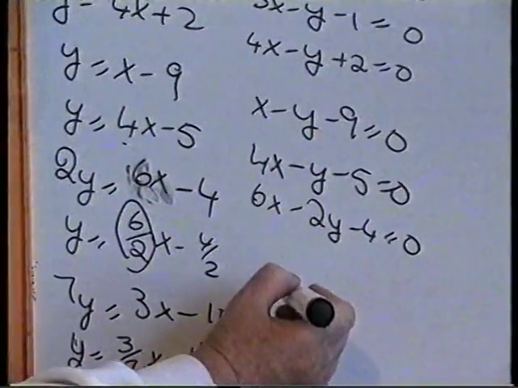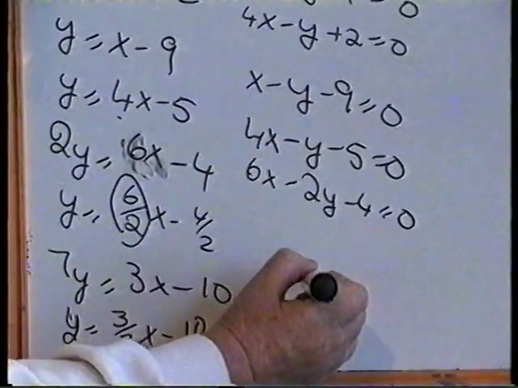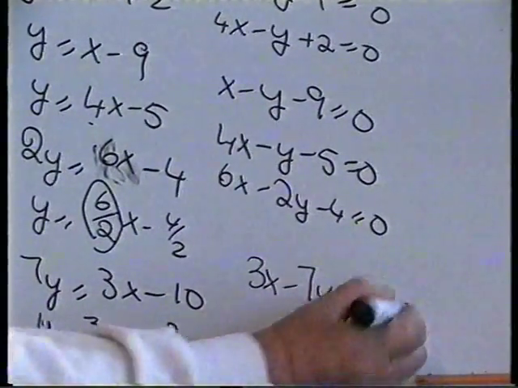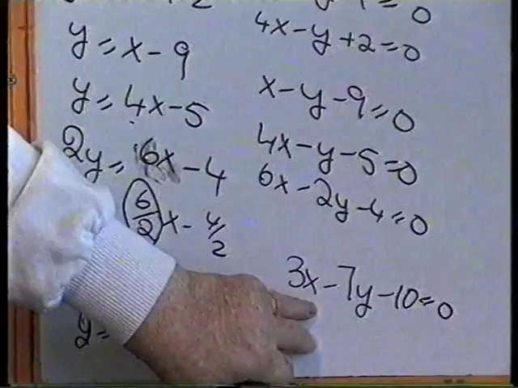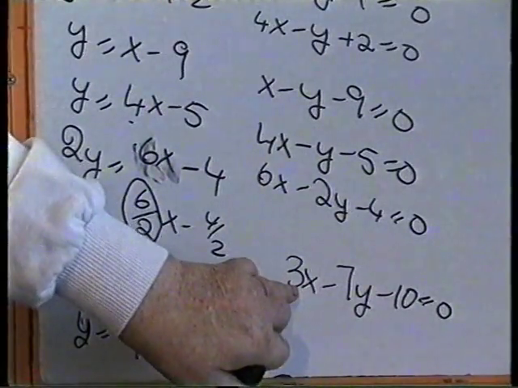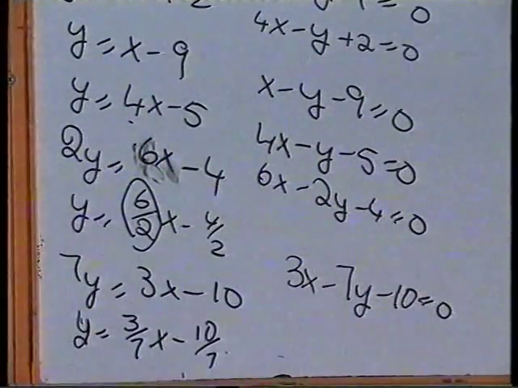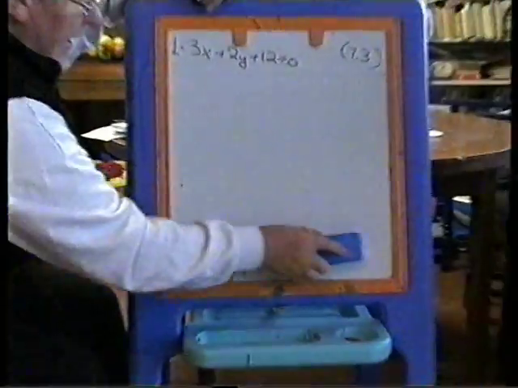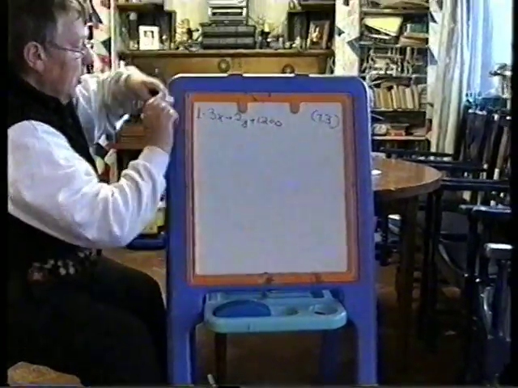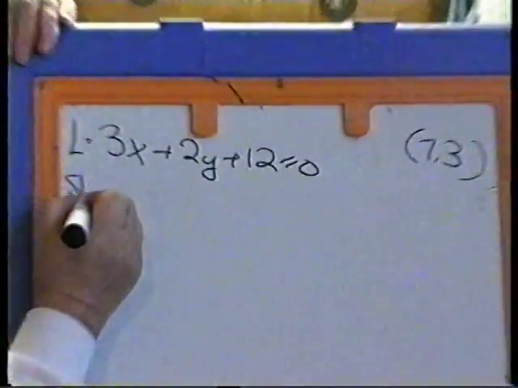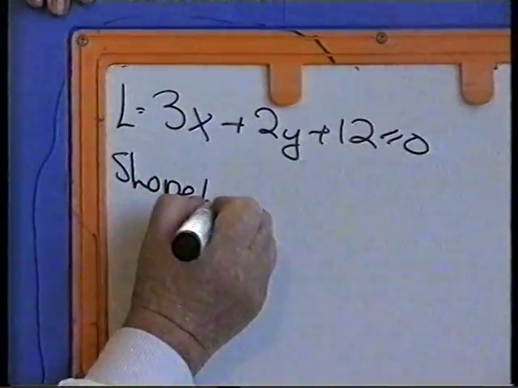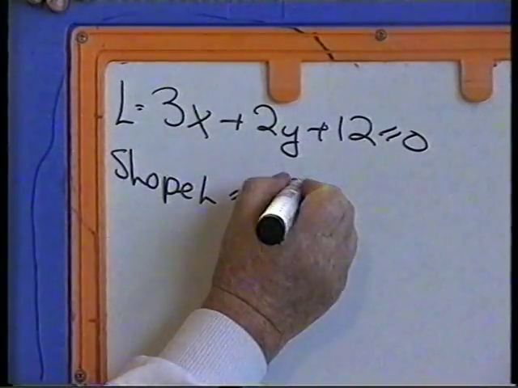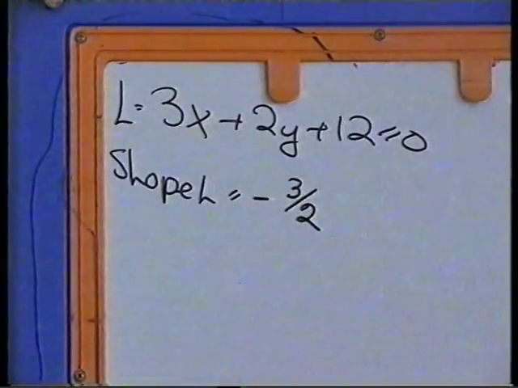And this one, 3x minus 7y minus 10 equals 0, the slope of that line will be plus 3 over 7. So we can see that the slope of L is a minus slope, and it's minus 3 over 2. That's the slope of L.